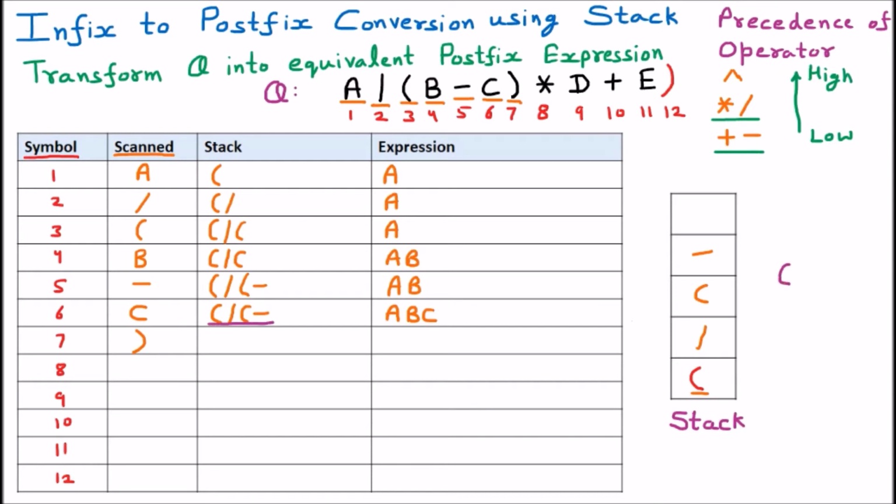So this starting bracket, divide, starting bracket, and minus is already there on the stack. Afterward we have scanned the closing bracket. So once the closing bracket encounter, now from the closing bracket to the last starting bracket we have to check out. This is the time to solve this.